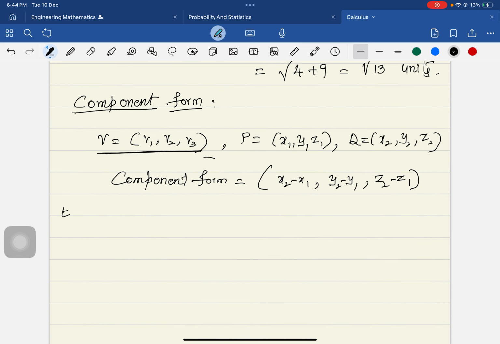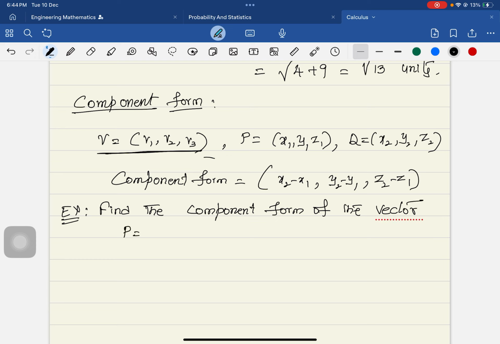So let us now see an example. Find the component form of the vector. What is the vector now? Let us say P is equal to 1, minus 2, 3, and Q is equal to 0, 1, minus 2.